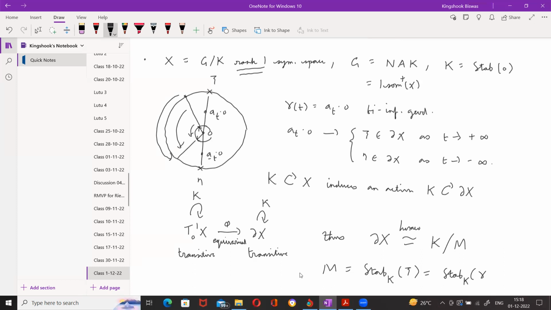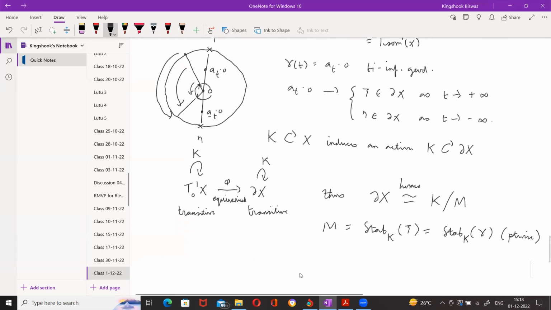Is that clear? Okay, so this is a stabilizer of gamma. When I say stabilizer of gamma, I mean pointwise, not as a set. That means every point of the A orbit is fixed.